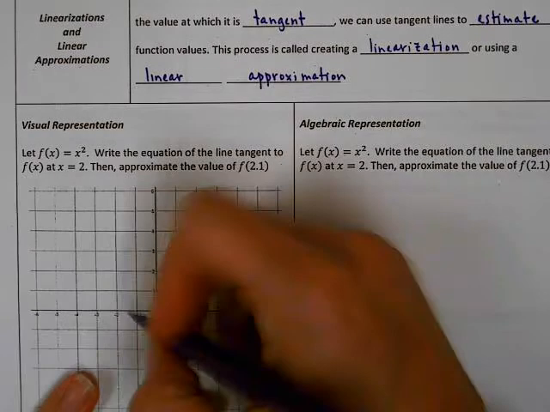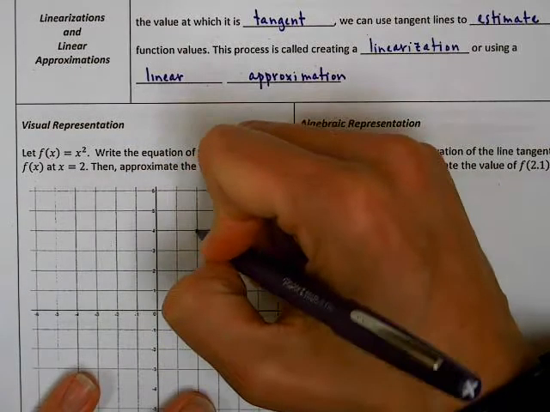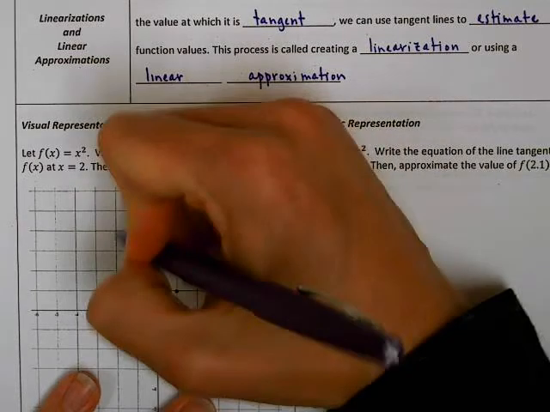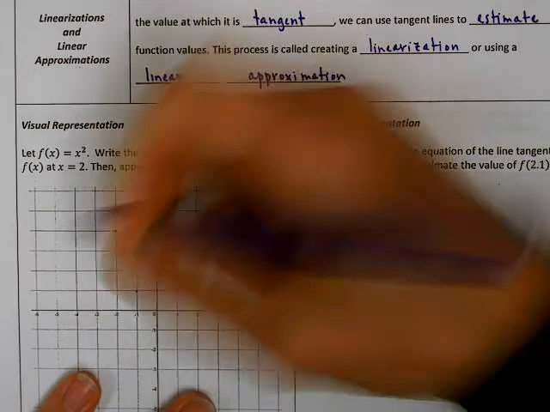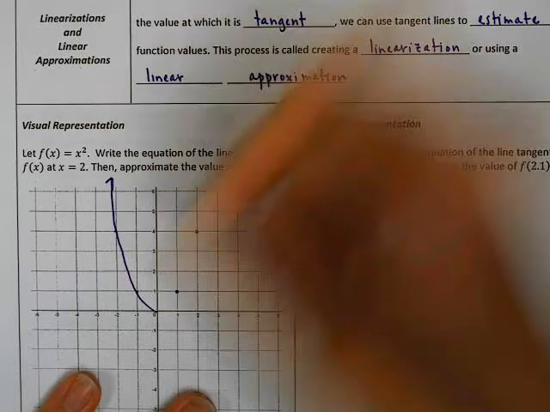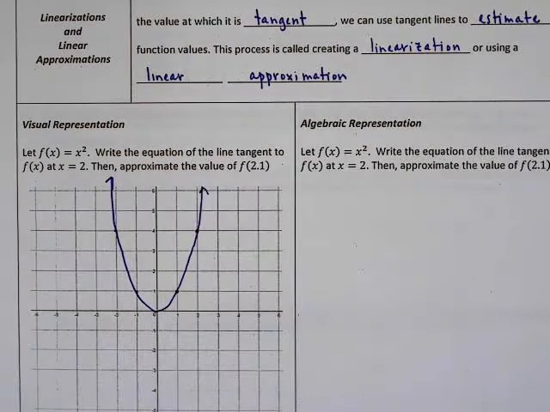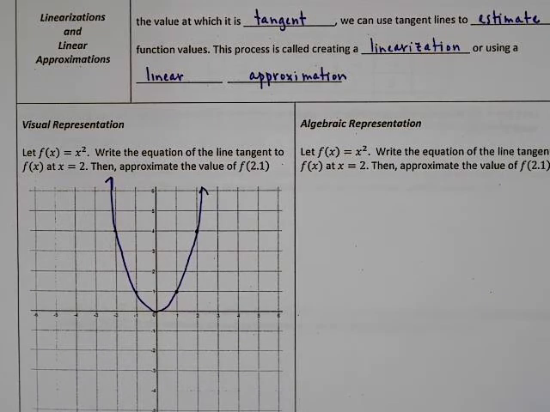So first, let's go ahead and graph our function. Hopefully I can do this fairly neatly. All right, not great, but we get the idea. So there's f of x equals x squared.